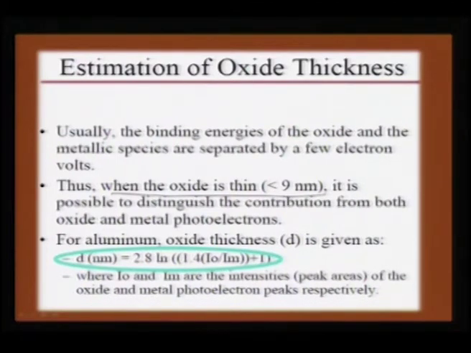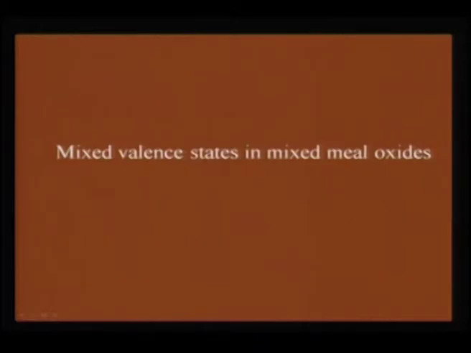Therefore, we can actually quantify what is the amount of surface oxidation that has occurred on an aluminum foil. So, XPS can actually give you a quantized picture of that situation.